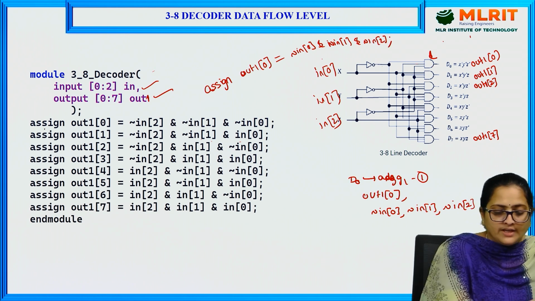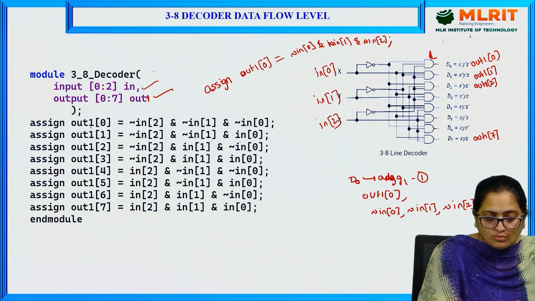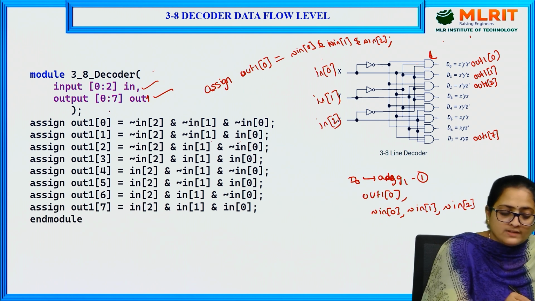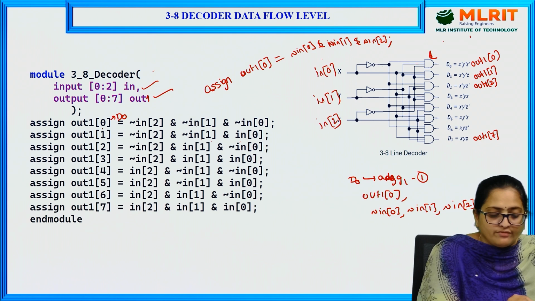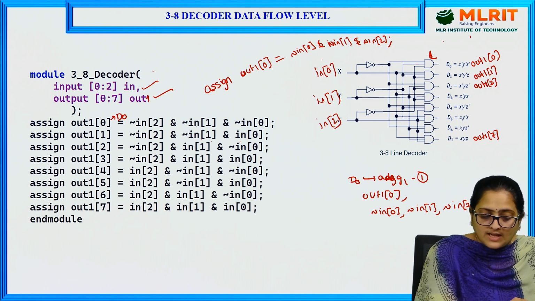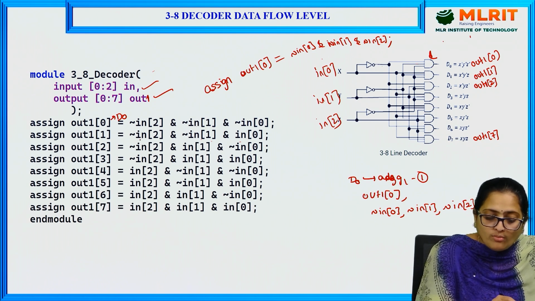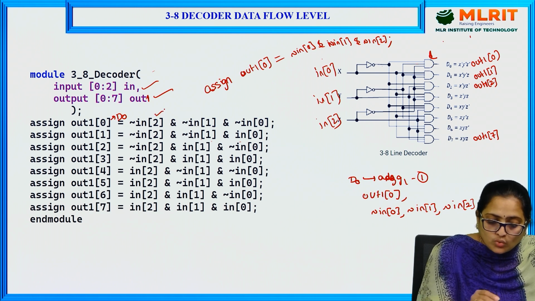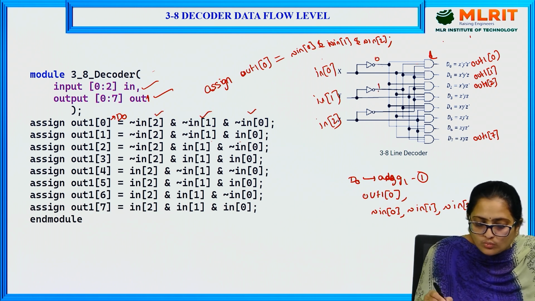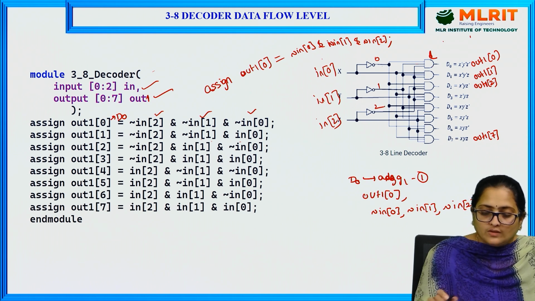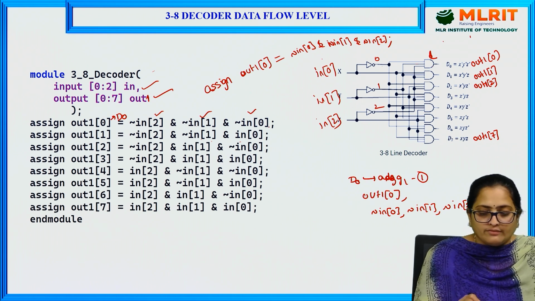So assign OUT1 of 0, which is representing D0, that is the output of the first AND gate, will be assigned the result of the AND operation between inverter 2, inverter 1 and inverter 0. This is inverter 0, inverter 1 and inverter 2. So this is the output of the first AND gate.